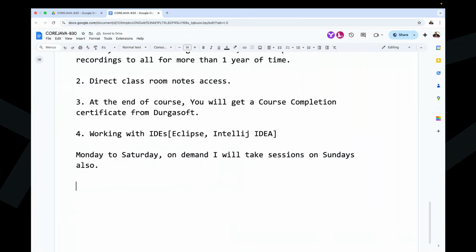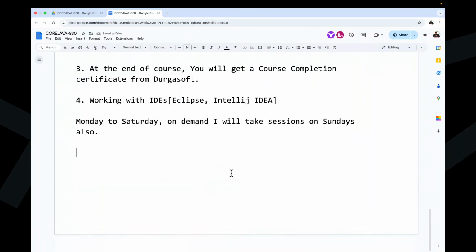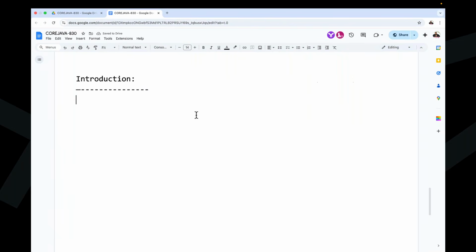Next, now coming to the introduction part: introduction of Java. Today we are going to start our syllabus actually.